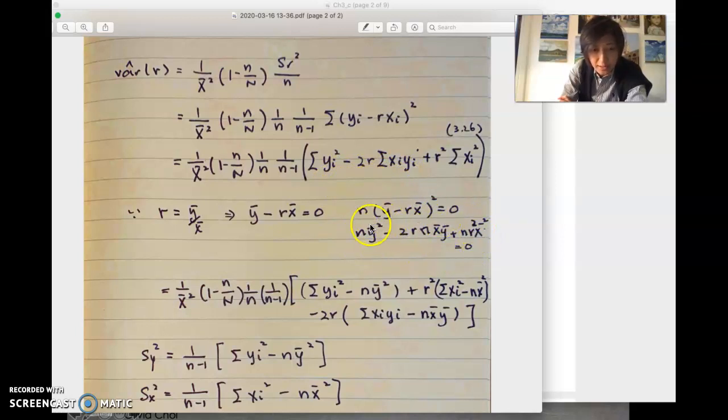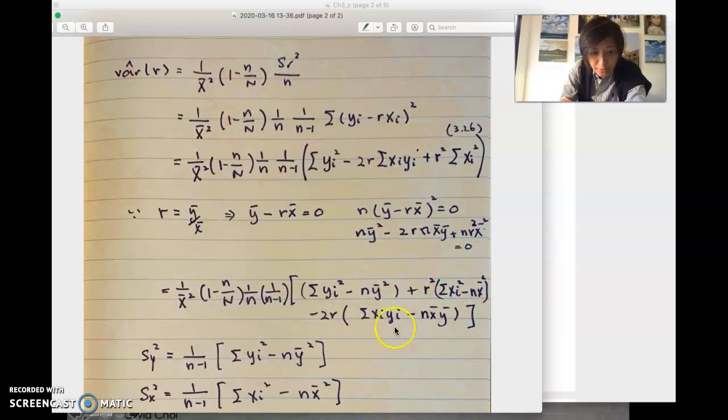So subtracting this, I have the summation of yi squared minus n y bar squared, and I also have R squared multiplied by the summation of xi squared minus n x bar squared. So I have this bit, and also the one in the middle.